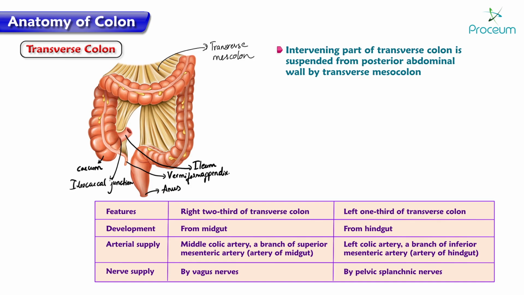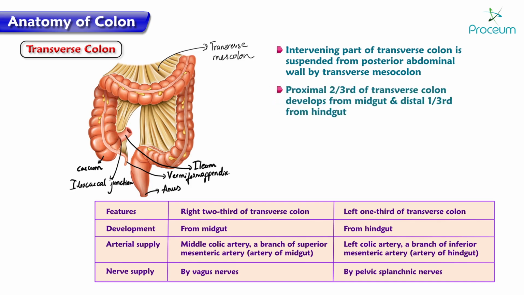So developmentally, we can divide it into the proximal 2/3, that is the right 2/3, and the distal 1/3, the left 1/3. Developmentally, the proximal 2/3 is from the midgut and the distal 1/3 is from the hindgut. The arterial supply of the proximal 2/3 is by the middle colic artery, a branch of the superior mesenteric artery, the artery of the midgut.